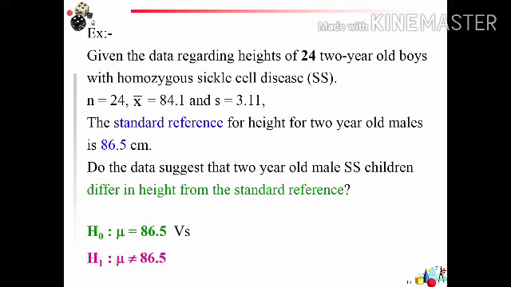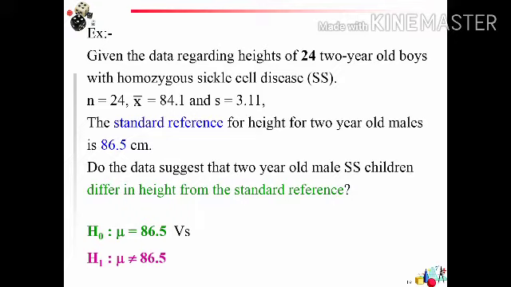For example, given the data regarding heights of 24 2-year-old boys with homozygous sickle cell disease. Here the sample size n equals 24 and the sample mean x bar equals 84.1 and the sample standard deviation is 3.11. The standard reference for height for 2-year-old males is 86.5 centimeters. This is the recommended value.